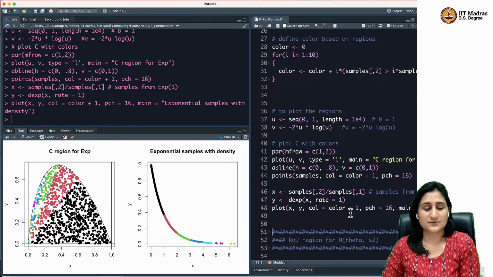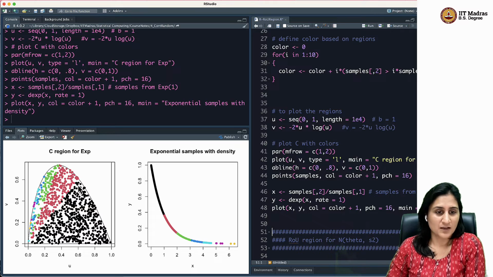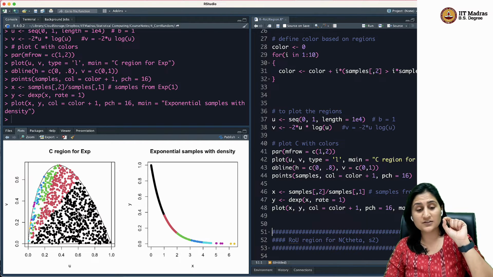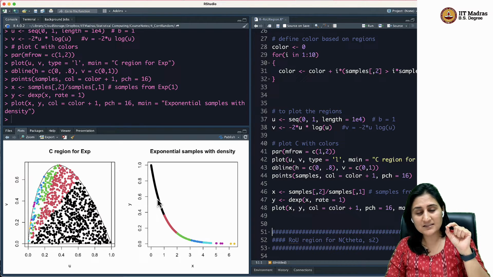This is really what I was trying to get at. I have these regions over here, and if I take any point in this region C and plot V by U, then that V by U ratio corresponds to these segments of the density, right?